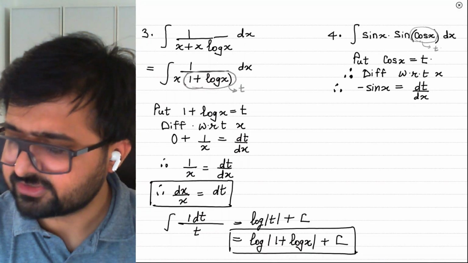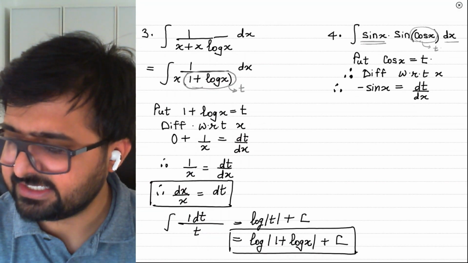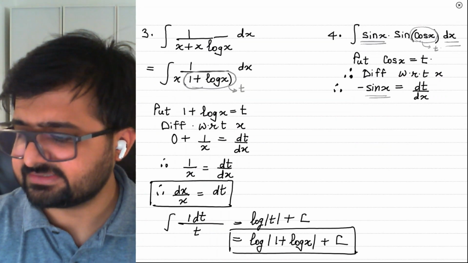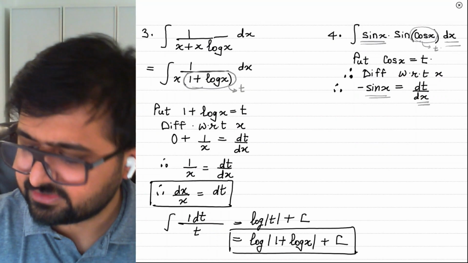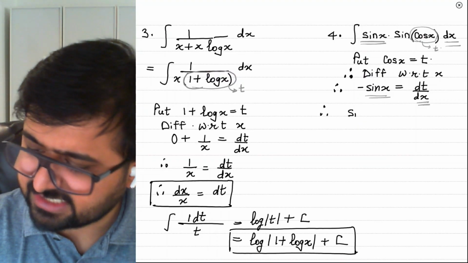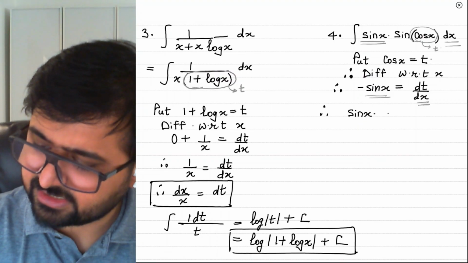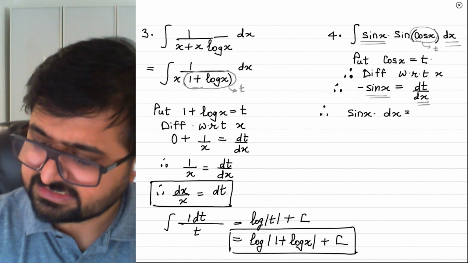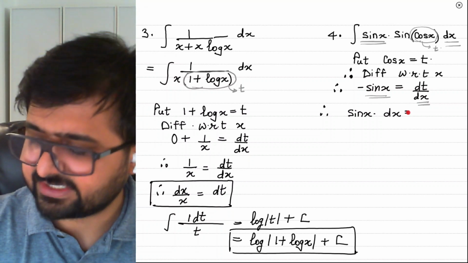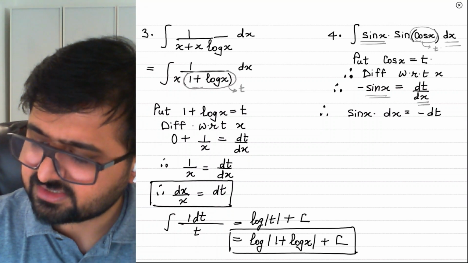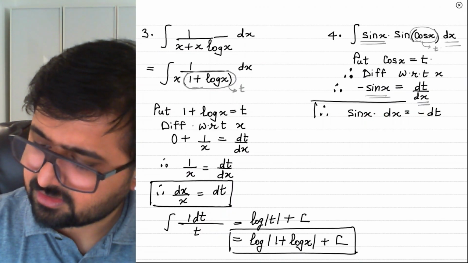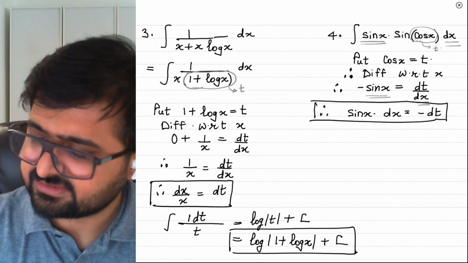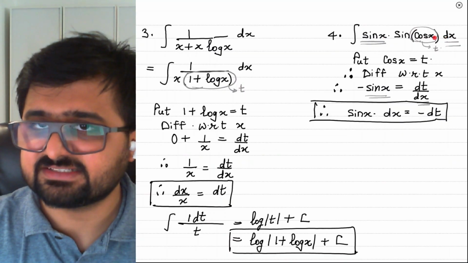Also notice this sin x times dx. This dx can be taken to the other side to get sin x times dx, and take this negative to the other side, so you get minus dt. So sin x times dx is minus dt.